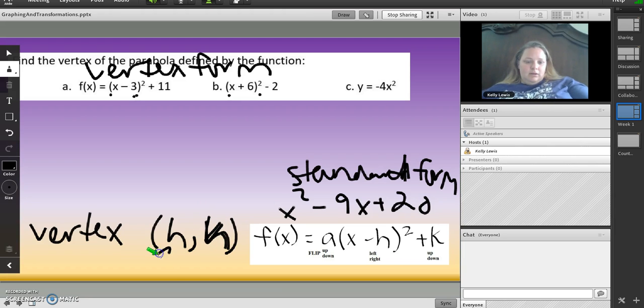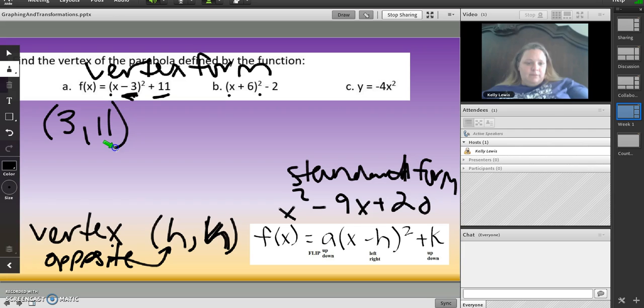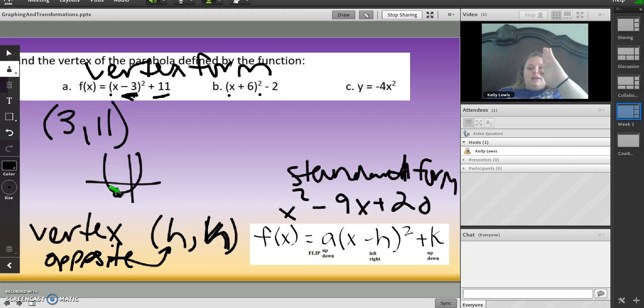All right, and h is always opposite. So we're going to do this guy and this guy. So we're going to do (3, 11). And the vertex is like where you take the parabola, and the center is.